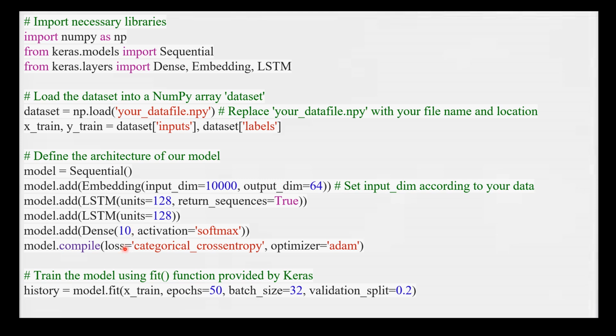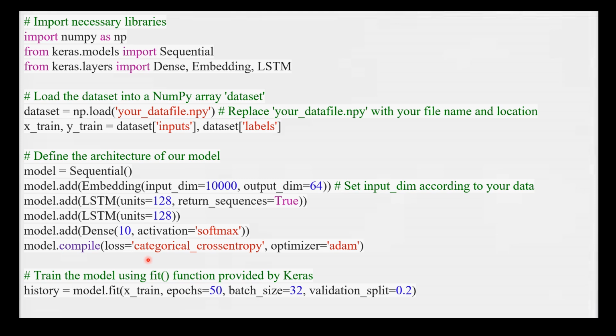Finally, we use a fully connected layer with a softmax activation to produce probabilities for the output classes. And we compile the model using the compile function, specifying the loss function, that is categorical cross entropy, the optimizer is Adam, and batch size is 32.